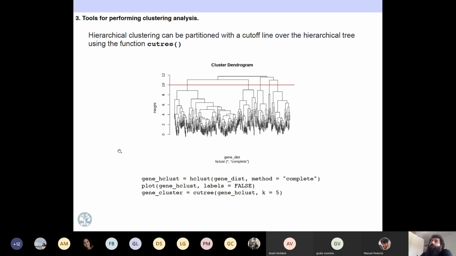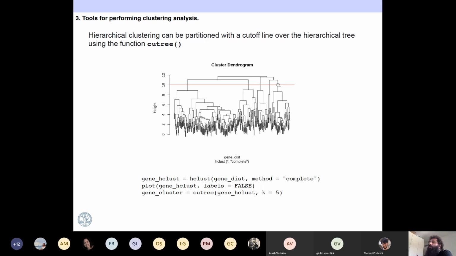The last thing that I want to tell you is about hierarchical clustering. As I mentioned before, it gives you the hierarchical relationships, as you can see here. But one thing that you can do with hierarchical clustering is, once you have done it, you can define where you want to cut. So you can say, I want to have 5 groups, and then you have a function that will scan the tree until you find 5 groups.